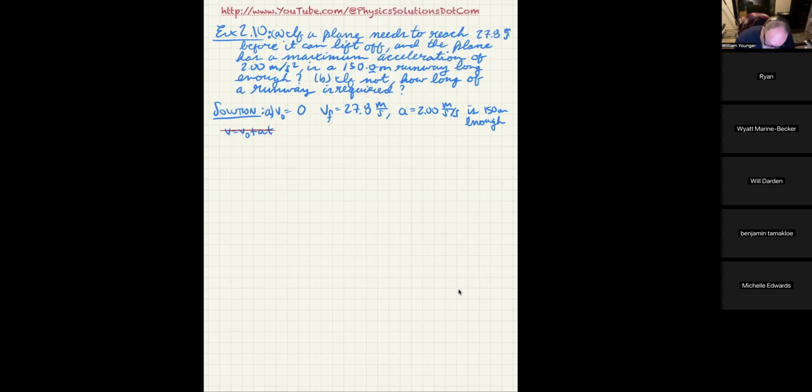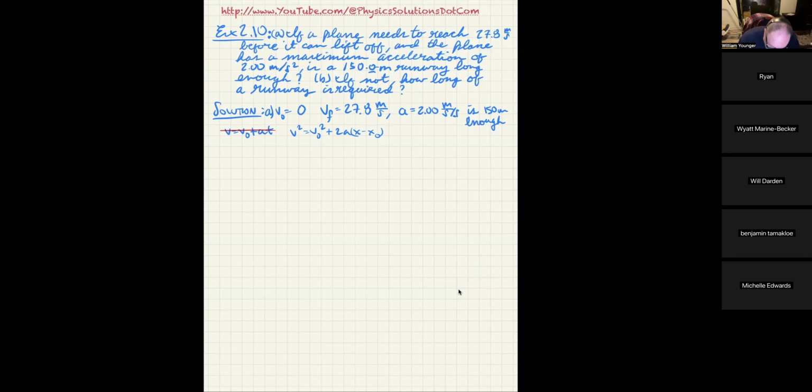But we also have v squared is equal to v0 squared plus 2a times x minus x0. Well, the x minus x0 could be the length of the runway, and that would tell us basically, given the acceleration and the initial velocity, how fast it's going at the end. And if the speed isn't big enough, then we know it's insufficient. Okay, so that's something else we could use.